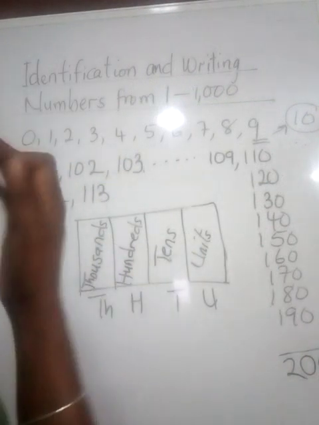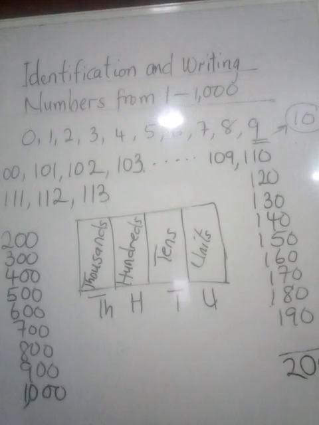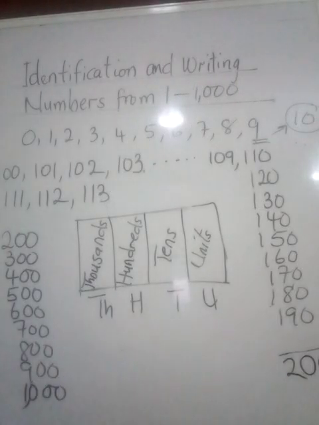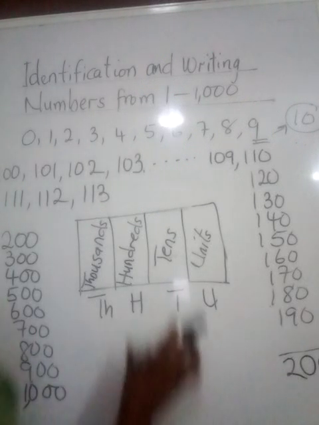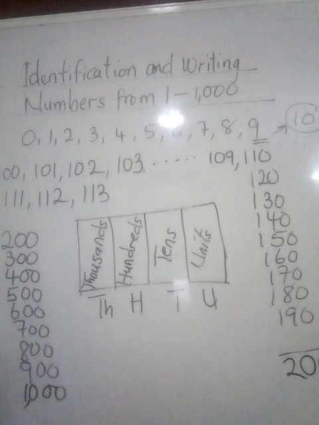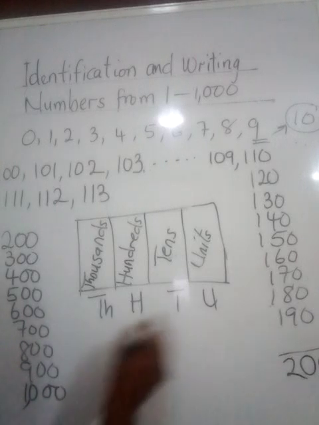So whatever number you have, always remember, try to arrange them under these values, and knowing where each digit falls, you will be able to accurately name the number. So let's just write a random number under these values.